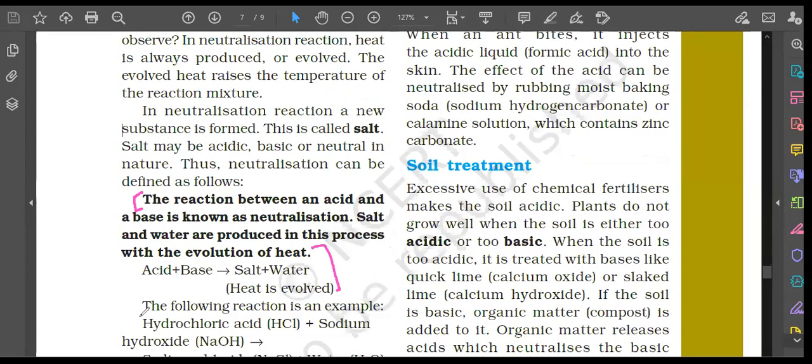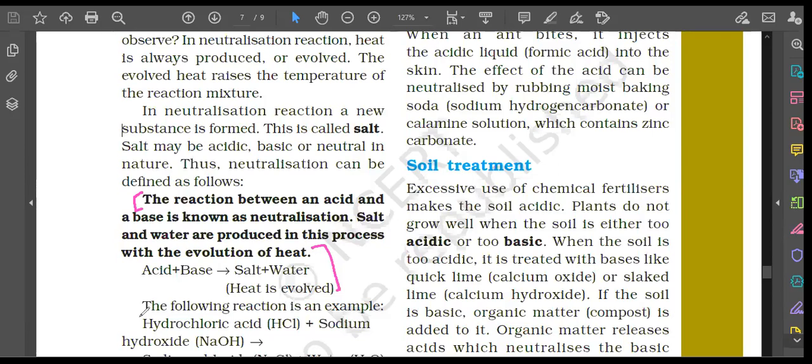Now, how many of you have heard of gas in the stomach, or acidity happening and all those things? What do you do when you have acidity?